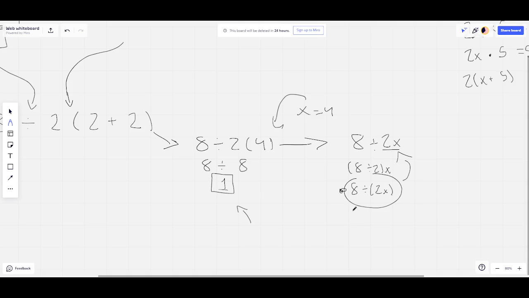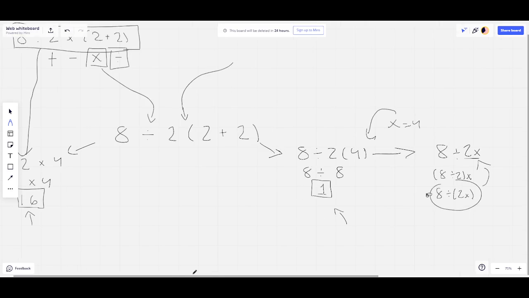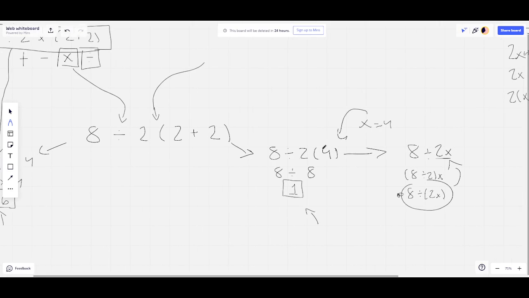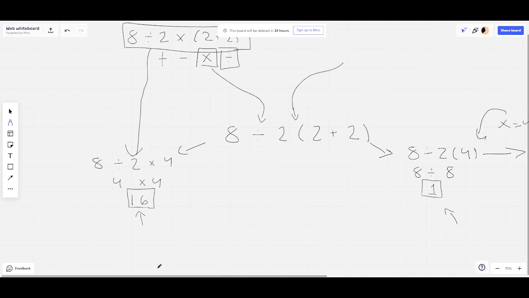Now, a lot of people don't like this because we have PEMDAS, parentheses first, and there's nothing to do inside of these parentheses, so you would think you move on to multiplication and division from left to right, which does make a lot of logical sense if you do not believe that writing it this way with the parentheses around the 4 is any different than writing it this way with a multiplication symbol.